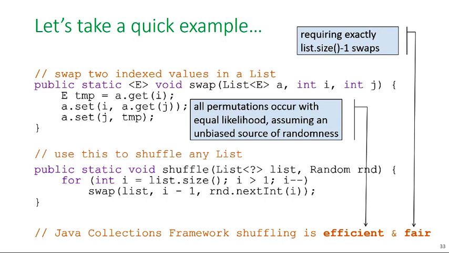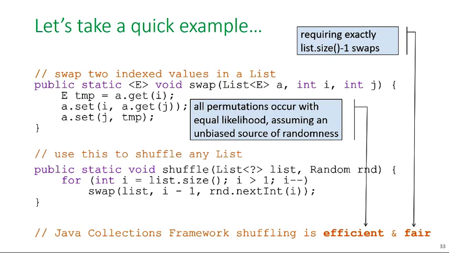We delegate the responsibility of creating a random object and seeding it properly to the caller, so that we don't just call random on an internal seed in our method, which would result in the same pseudo-random sequence being generated. And all permutations are going to occur with the same likelihood because we just uniformly draw an index at random. So that's the efficient part.